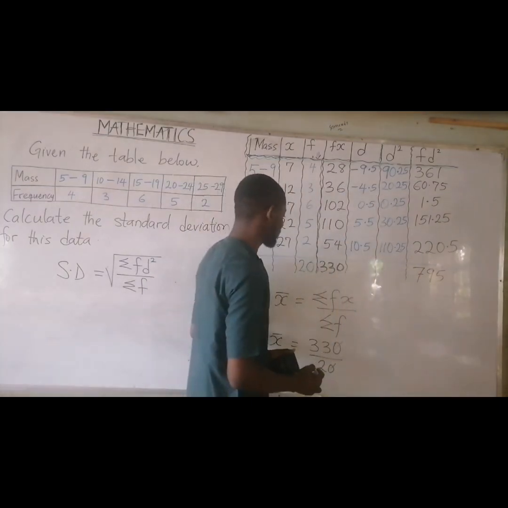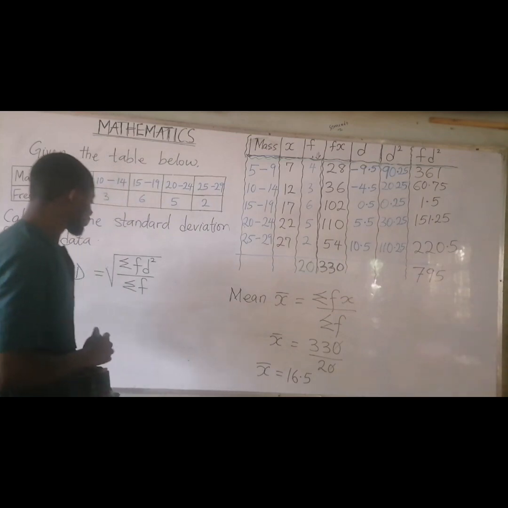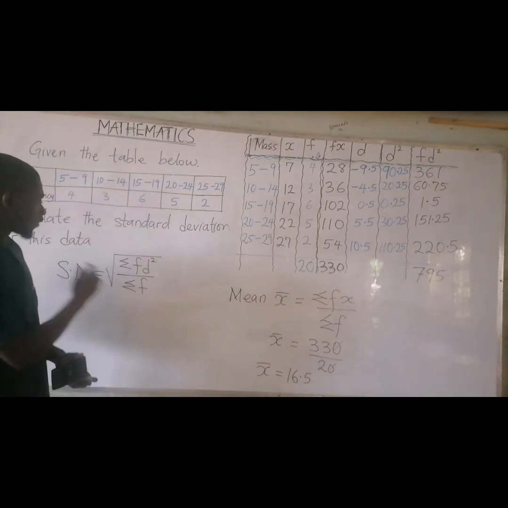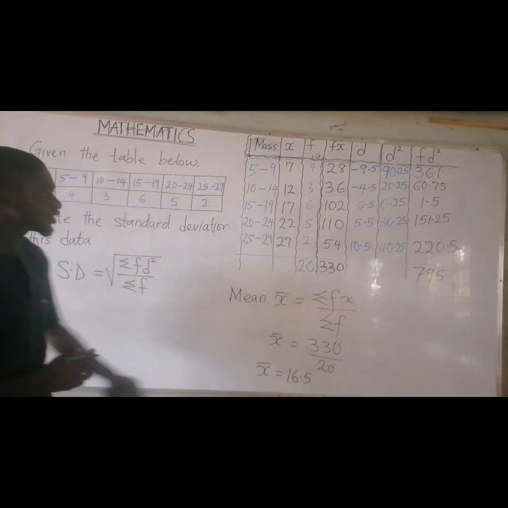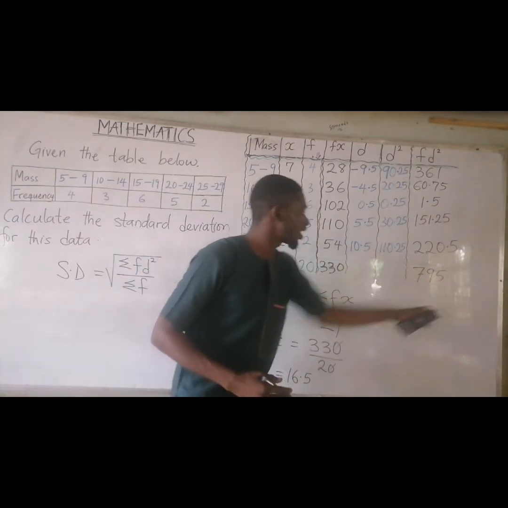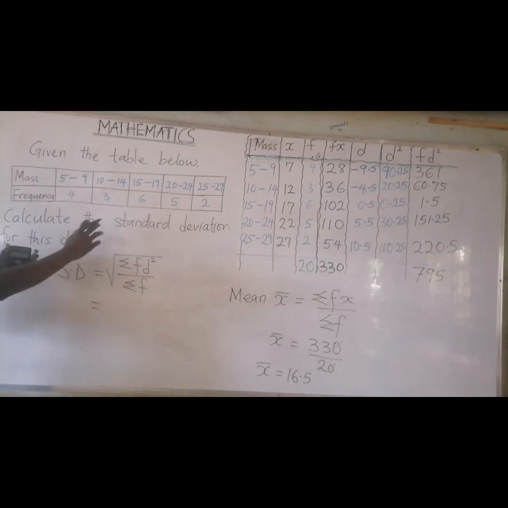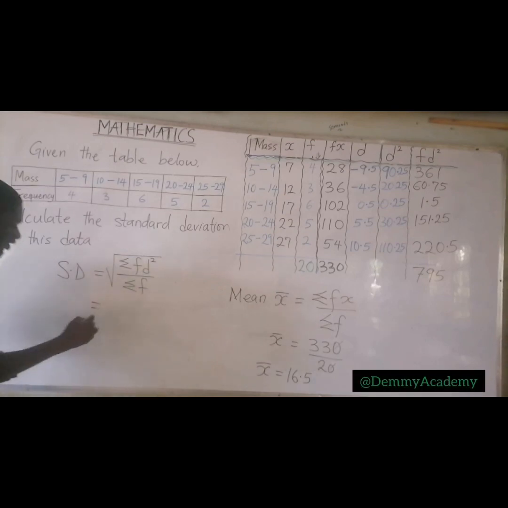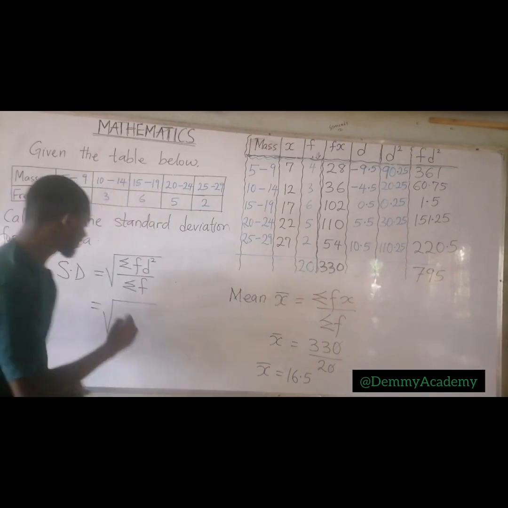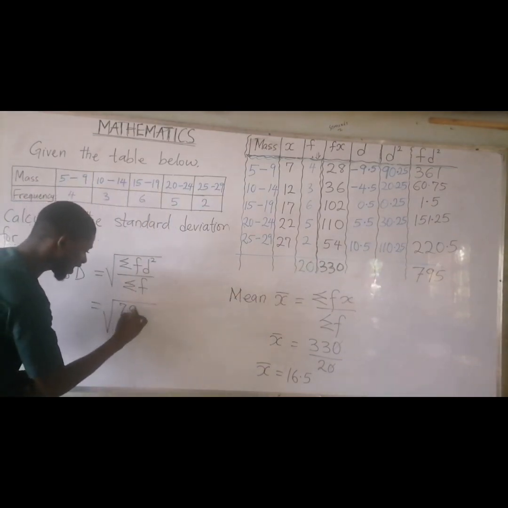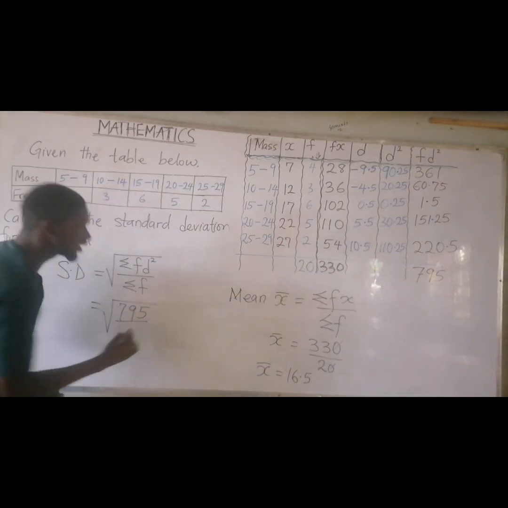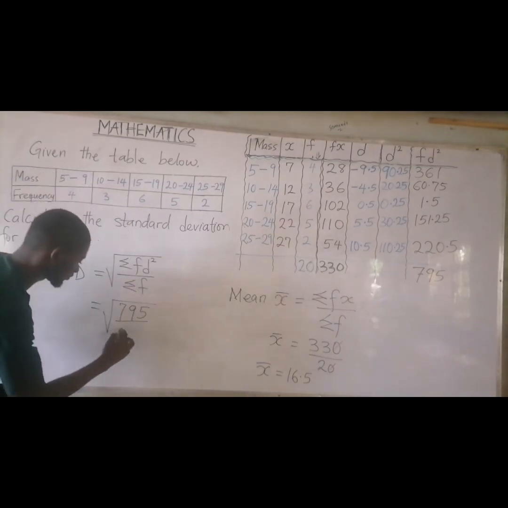So moving on to determine the value of the standard deviation, now that we know the summation of fd squared, we can come here to say our standard deviation, because that's the main purpose of this question, to determine the standard deviation of this data. Our standard deviation is the square root of 795 divided by 20.